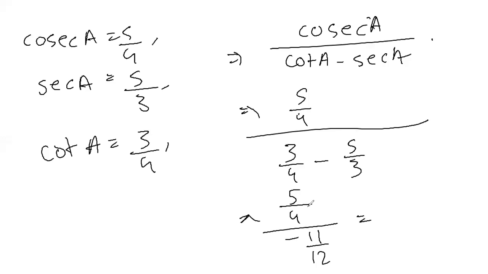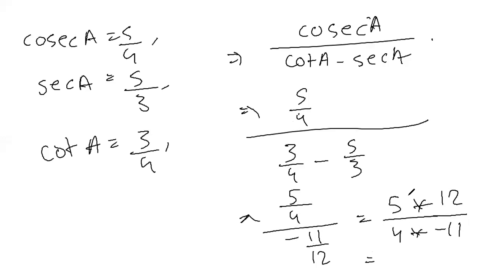So in 5 upon 4 divided by minus 11 upon 12, the denominator will go up, the method of going up and down that you must have learned in fractions.